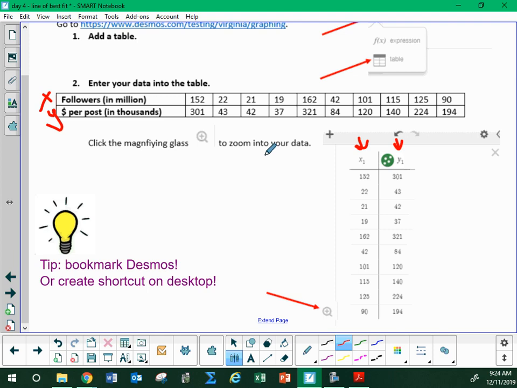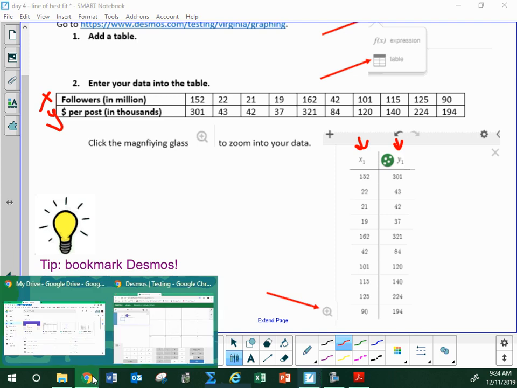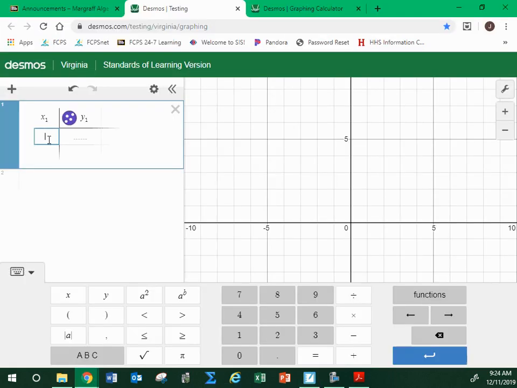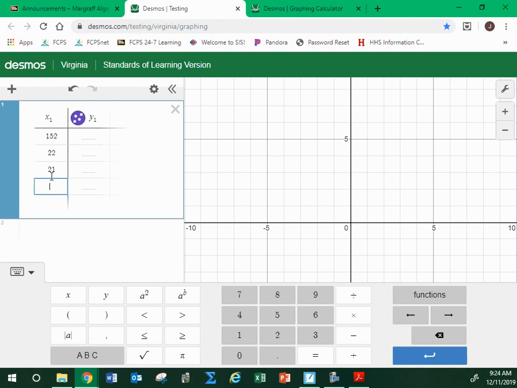I'm going to do it up here. And you can either type just using your keyboard or type using numbers. I would recommend the keyboard though. So again, I'm just entering that data from our notes.